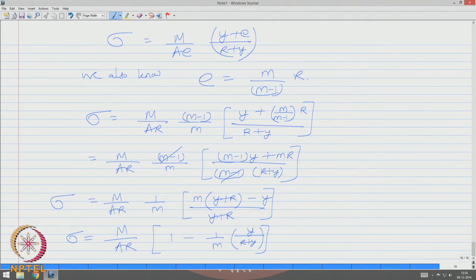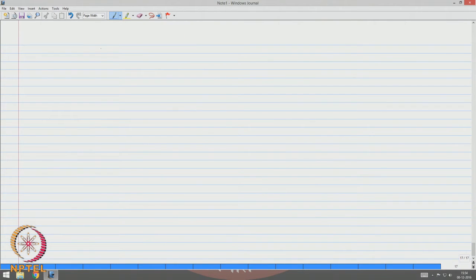I call this equation number 15. So, stress is applied moment by A r, 1 minus 1 by m, y by r plus y.